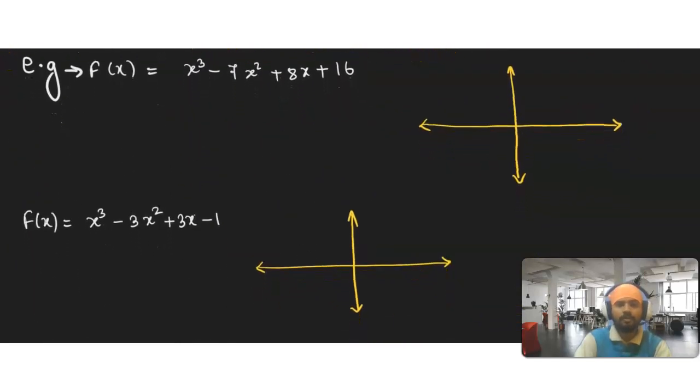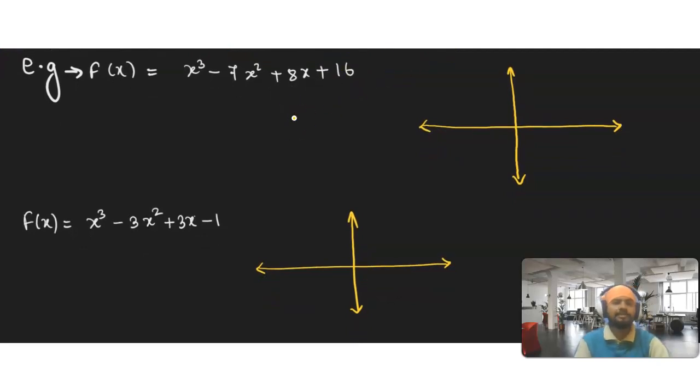If we have a polynomial function f of x equals x cube minus 7x square plus 8x plus 16, there is a theorem known as the rational roots theorem, according to which we describe the possible rational roots of this cubic polynomial. When we solve and factor it, we get that -1 is one of the roots and 4 is one of the roots.